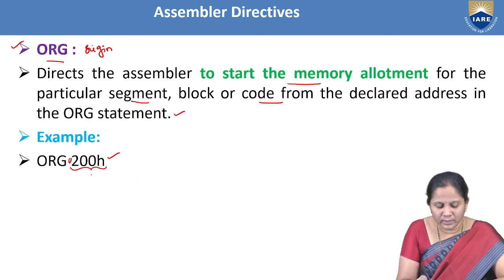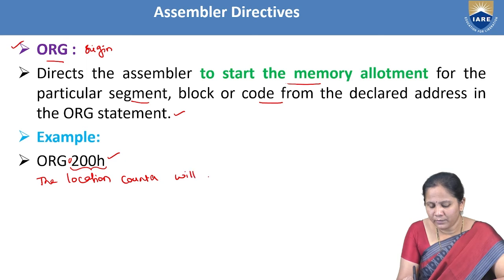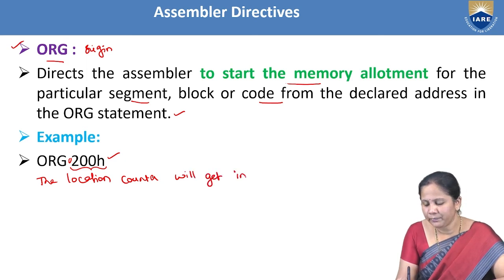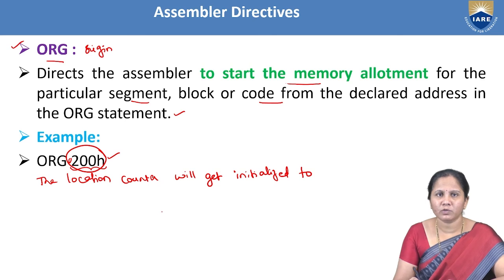So here the location counter will get initialized to 200H. From 200H, the memory allotment will be starting.